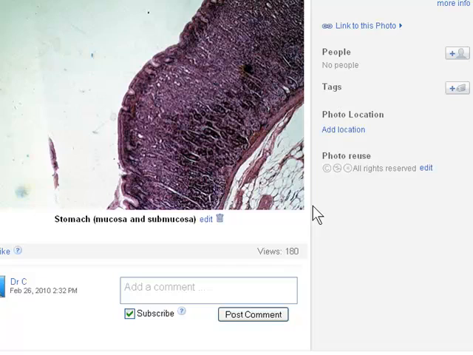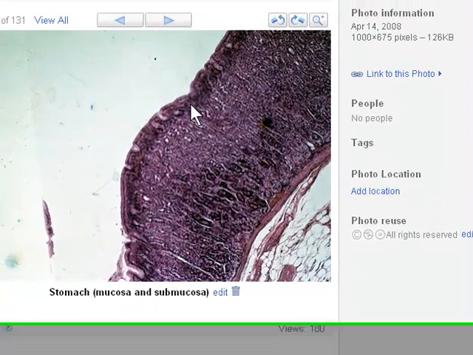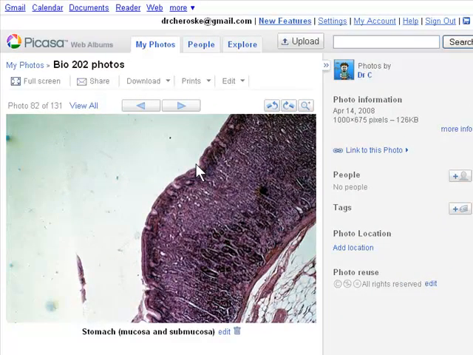But a key aspect to these slides, because they are so similar, is finding something discriminable about them to differentiate between them. And in the stomach slide, which is what we're looking at now, the key aspect that I have them find is basically the rugae.